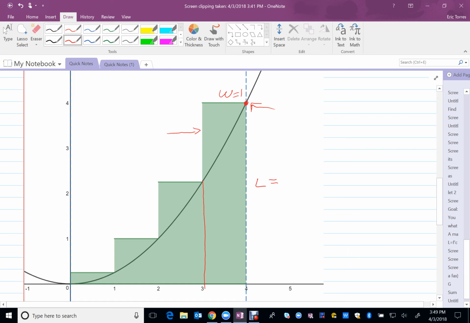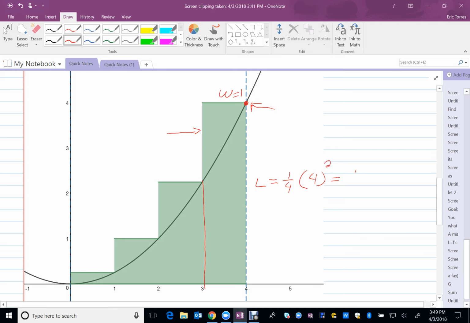I can get this directly from the formula, and in this case, the x value is 4. I can find that height just by using the formula with the x value. In this case, I have 1/4 times x squared, where x is 4.